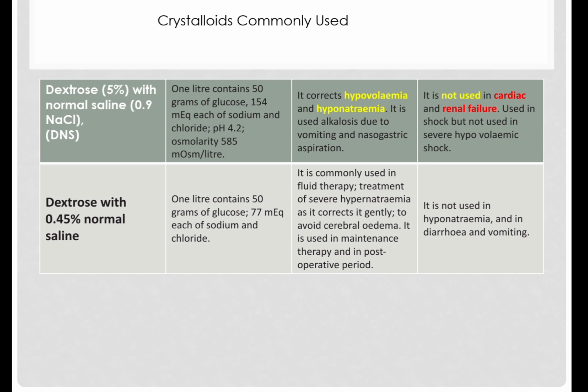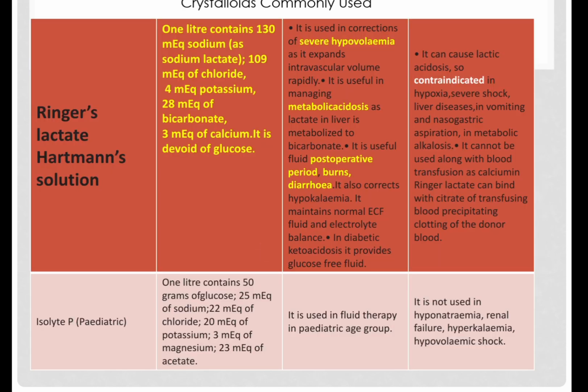Now we come to another crystalloid, which is very commonly used in our surgical practice. This is Ringer's lactate or Hartmann's solution, which we commonly call Ringolec. 1 liter of Ringer's lactate contains 130 milliequivalents of sodium as sodium lactate, 109 milliequivalents of chloride, 4 milliequivalents of potassium, 24 milliequivalents of bicarbonate, and 3 milliequivalents of calcium, and it is devoid of glucose.